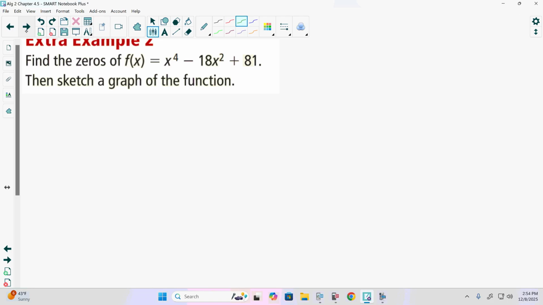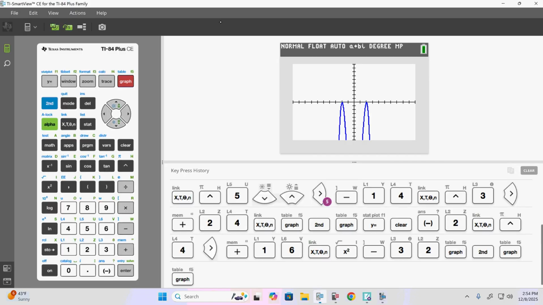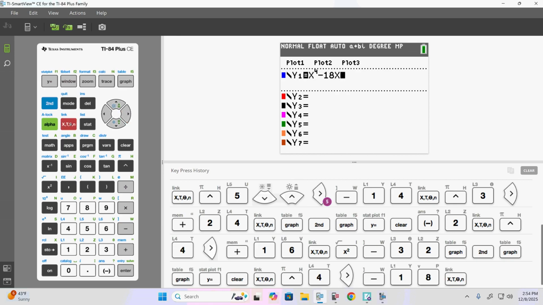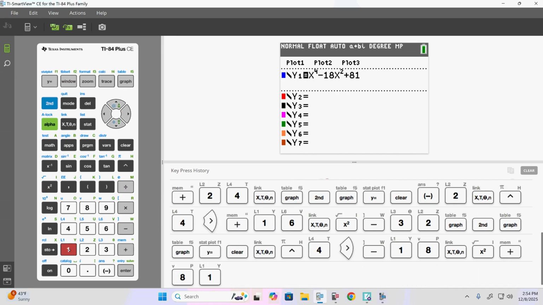Let's look at this one here. X to the 4th minus 18x squared plus 81. Again, we haven't gone over ways to factor this or solve it, so let's just graph it. So I'd clear that out, and I'd fill it in. So we'd have x to the 4th minus 18x squared plus 81.